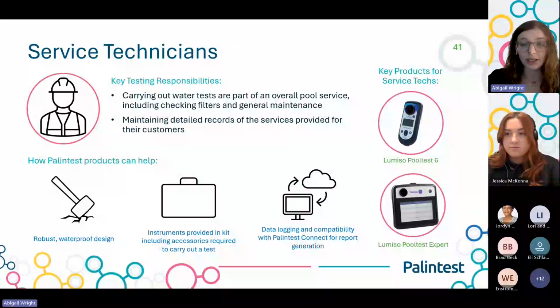All of our instruments also include a kit which has the accessories required to perform the testing, plus a starter pack of consumables, so everything is kept in one place to get testing immediately. Finally, the instruments are also all compatible with Pale and Test Connect, which means data can be logged and reports can be generated for each site.